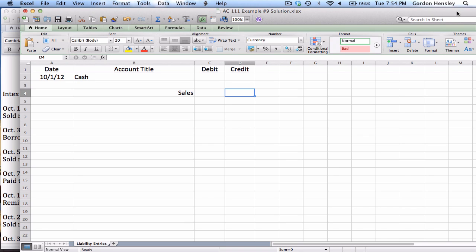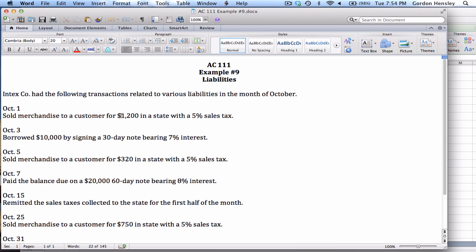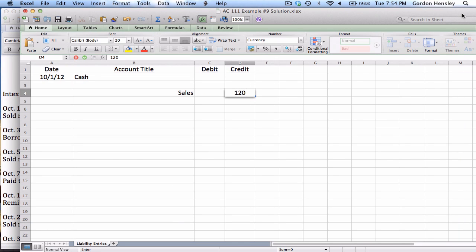Now the actual amount of the sale, if we go back and look at October 1st, $1,200. So I'm going to credit sales for $1,200. But up here on cash, when I debit cash, I'm going to use a different amount. The reason is this is in a state with a 5% sales tax. So when the customer gives me the money, they're going to give me more than $1,200.